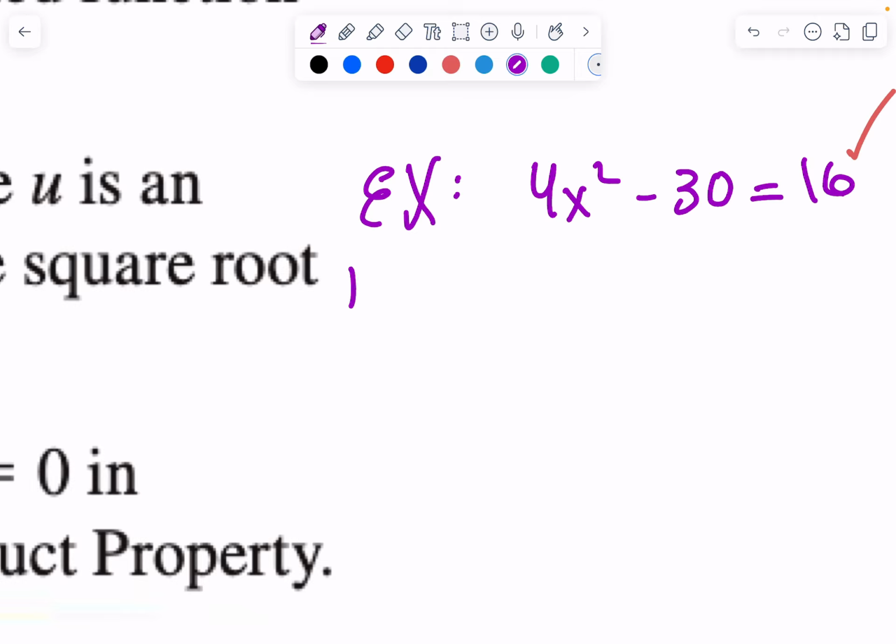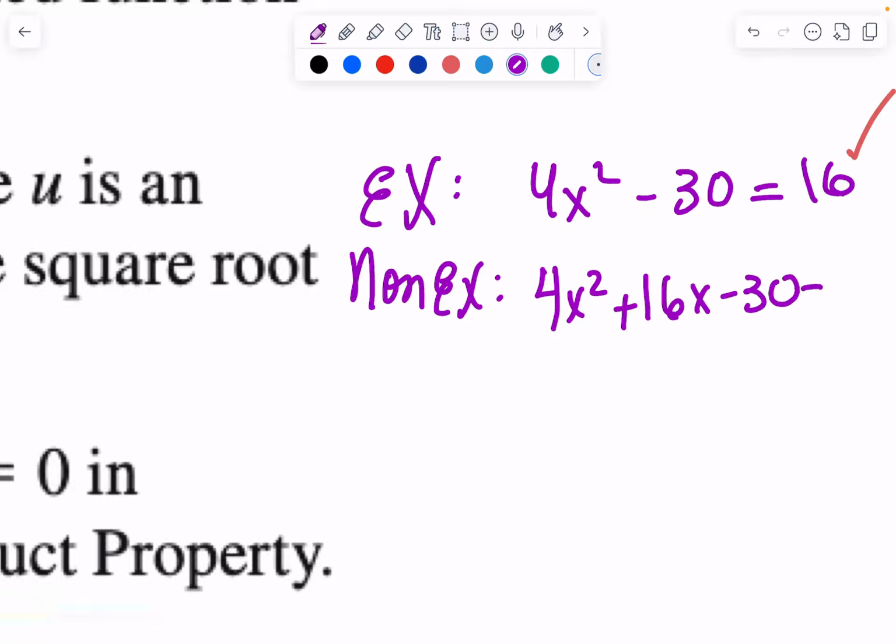An example where we can't isolate the variable would be something like 4x squared plus 16x minus 30 equals 12. Okay, here I have 2 x variables that I can visibly see. I can't combine like terms. I can't isolate the variable, so I would be forced to use a different method, okay?